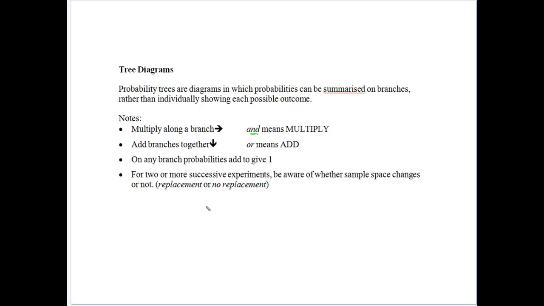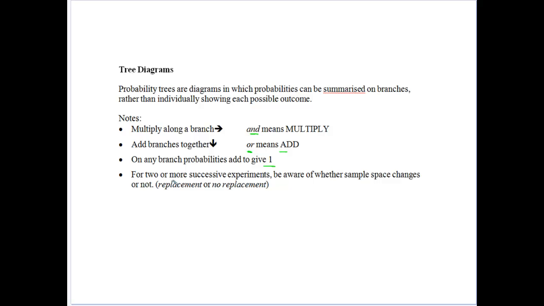If we're looking at branches vertically, that's a different compound event, which is the same as OR, and that means to add. When we get all our probabilities at the end, they should all add to give us 1, because that should give us our total events.